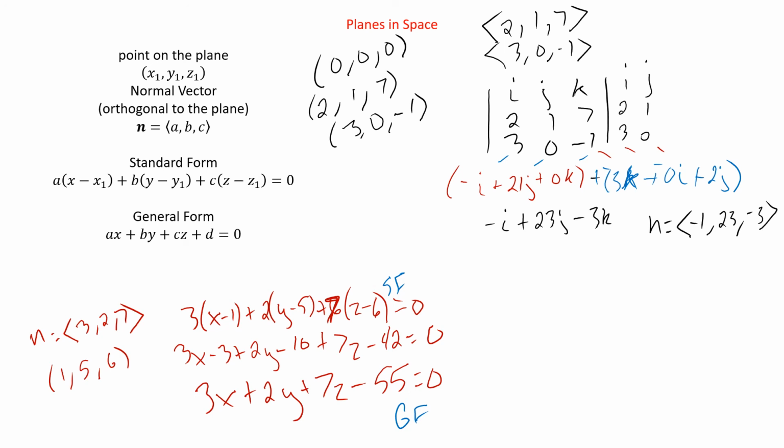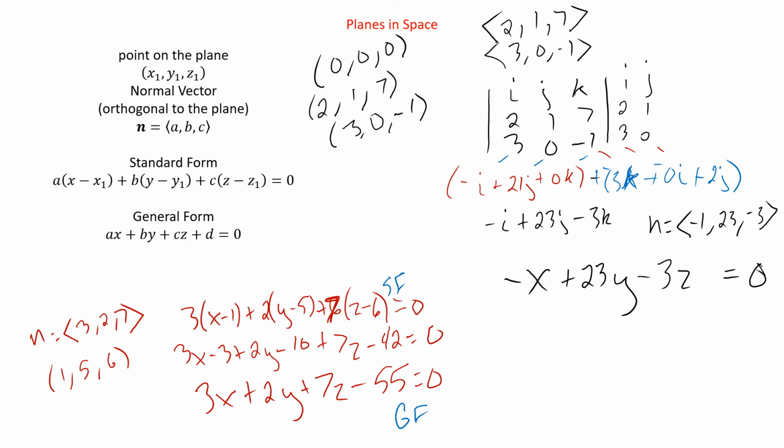Now for the point, we can use any of the points. I am going to choose to use the point 0, 0, 0 because I like doing things the easy way. So we just need to plug these in. We'll have -x, because minus 0, plus 23y minus 3z equals 0.